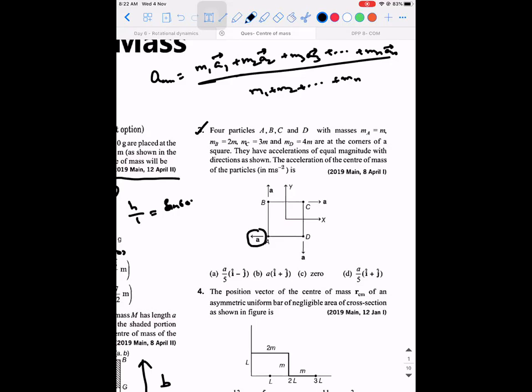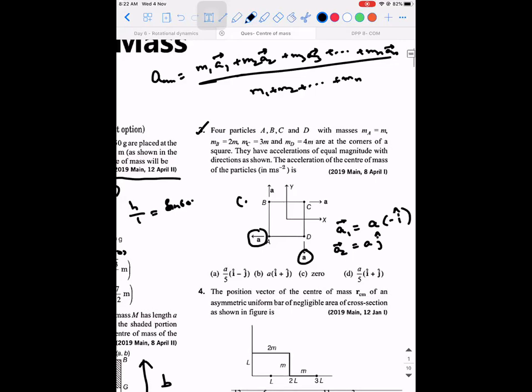So A1 vector is how much? A minus i cap. Yes. A2 vector will be... I'm going in clockwise order. This is A2, so A3 will be A i cap, A4 will be A minus j cap. I hope you guys can solve this problem. Just substitute it and you will get the answer.